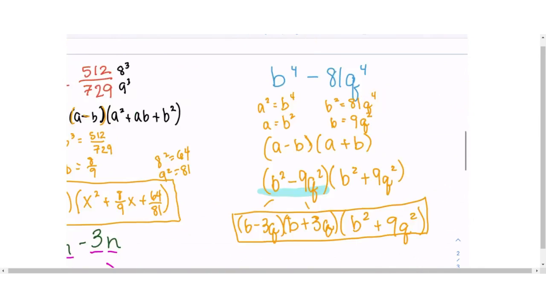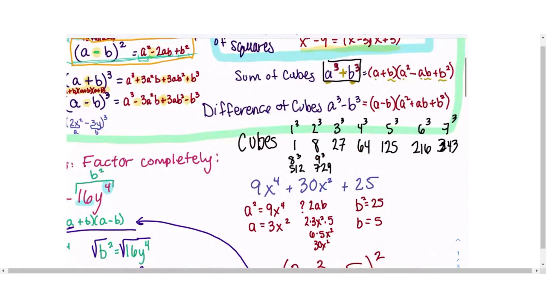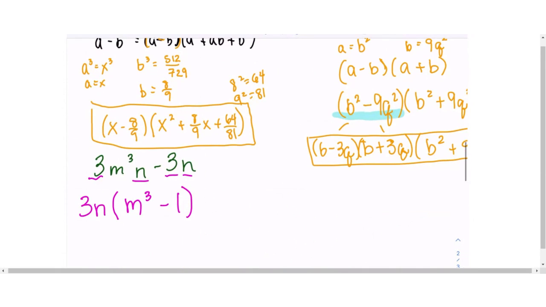Well, m cubed subtract 1 follows the difference of cubes form. So I'm going to write that down here. So that's a cubed subtract b cubed is equal to a subtract b multiplied by a squared plus ab plus b squared.